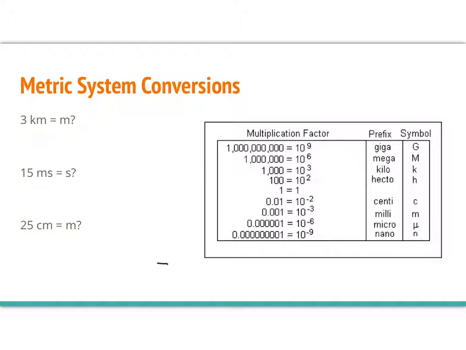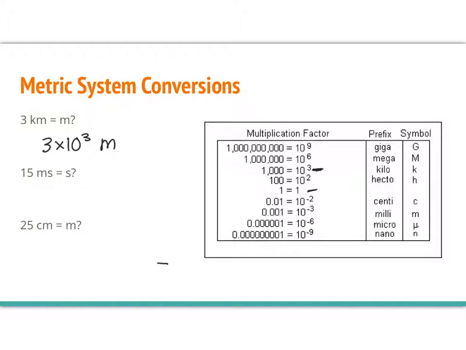Now how do I do this? Well, let's look here. I have kilometers right here, and I'm going to meters down here. We can see I have a multiplication factor of 10 to the third. So for meters, I can put 3 times 10 to the third meters.